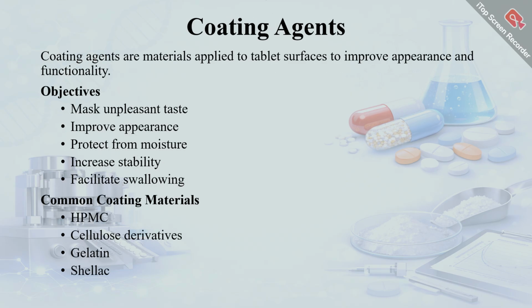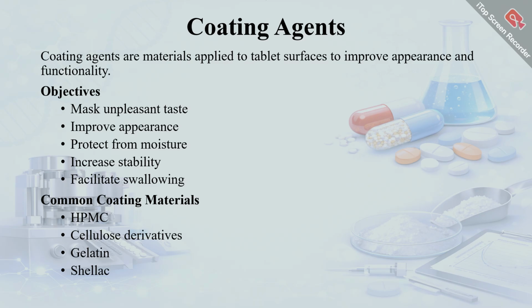Coating agents. Coating agents are materials applied to tablet surfaces to improve the appearance and functionality. In some cases, to improve the appearance of the tablet, coating agents will be used, meaning we will use coating. Coating is also done by different mechanisms. In detail, we will discuss coating agents, coating types, and coating mechanisms in the next video.